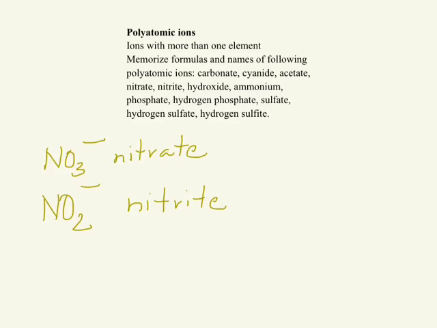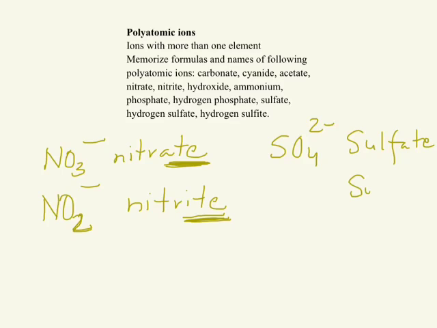This is very easy to remember: if you know the formula for the nitrate, then when you go from nitrate to nitrite, ate to ite, you put 1 less oxygen. For example, if sulfate is SO4 with 2 negative charge, then what will be sulfite? Remember, put 1 less oxygen.